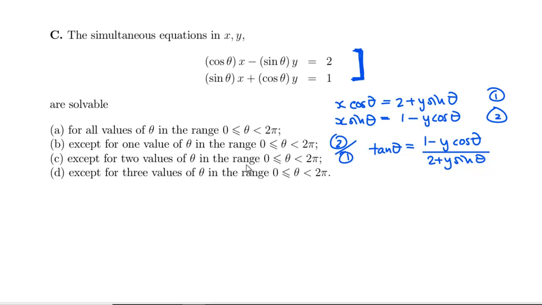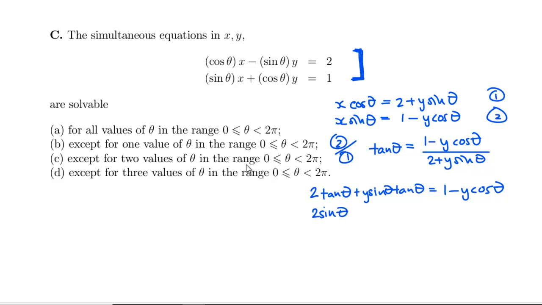So we've got 2 tan theta plus y sine theta tan theta is 1 minus y cos theta. Okay, wonderful. So let's multiply everything by cos theta. That will get rid of lots of stuff, won't it?